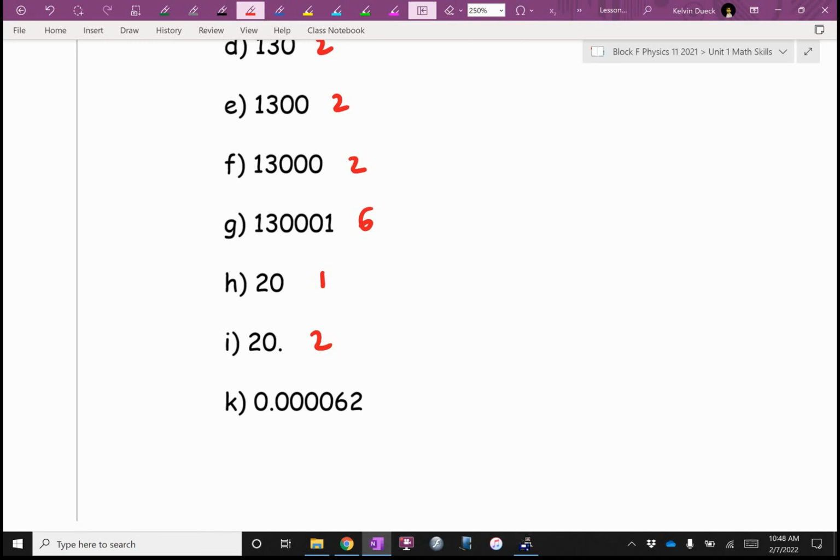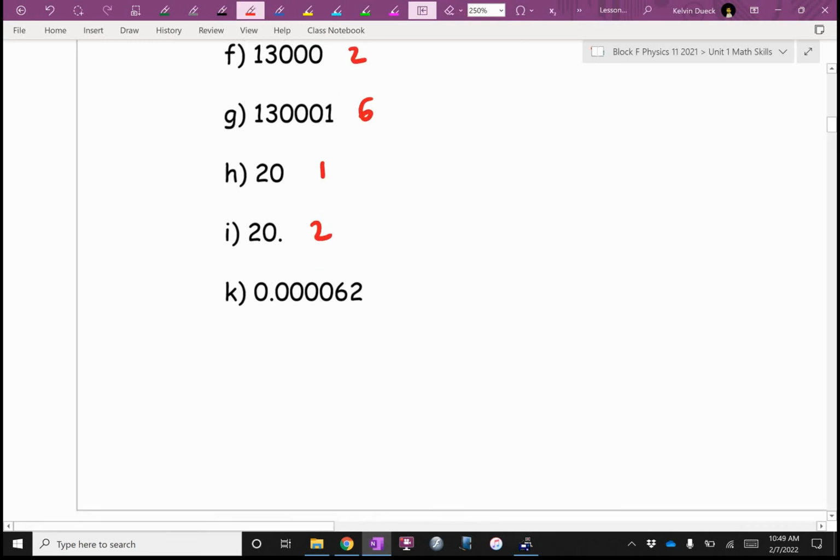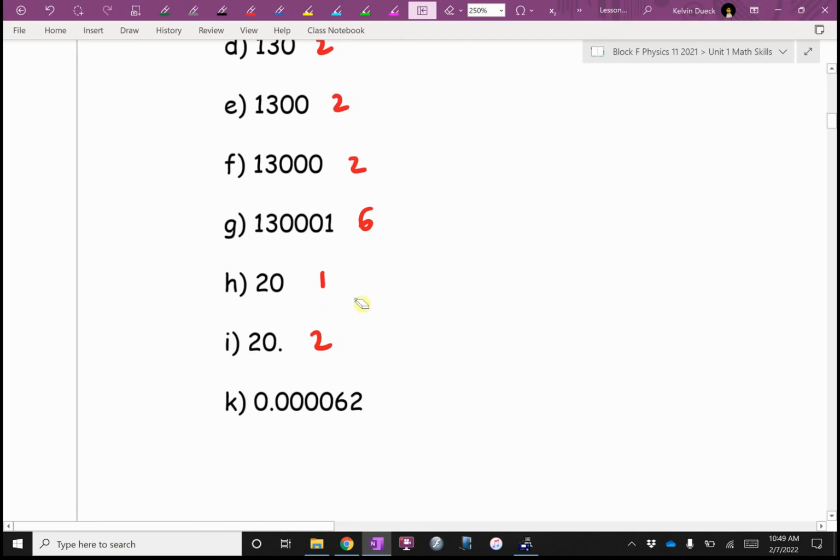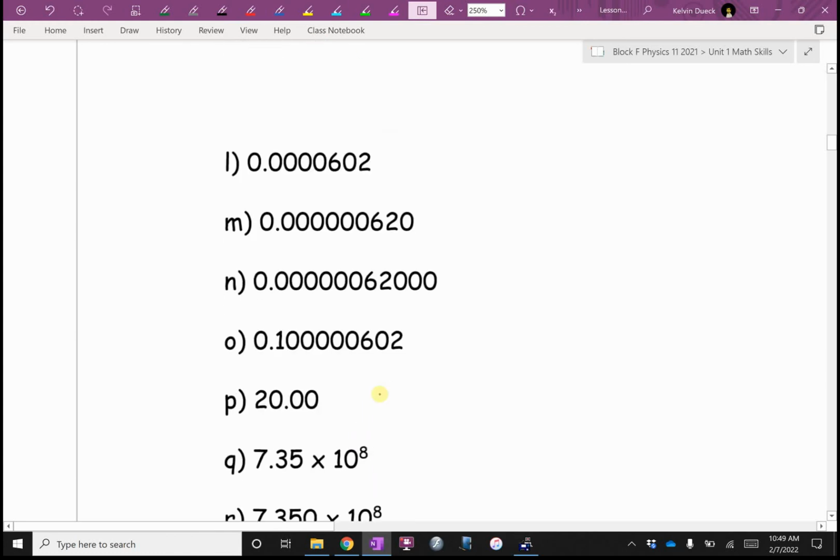What about for decimals? How many sig figs? 2. How many sig figs? Yep. How many sig figs?